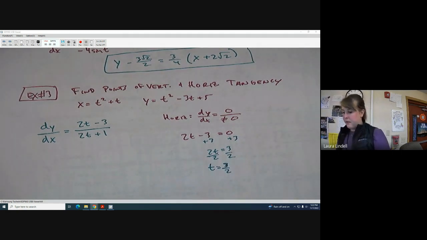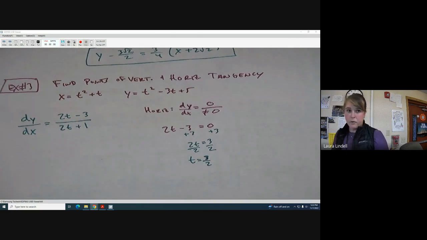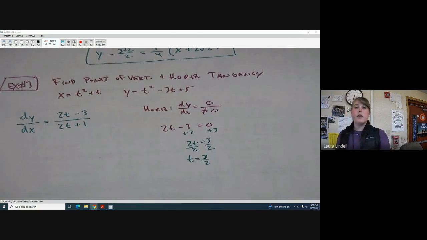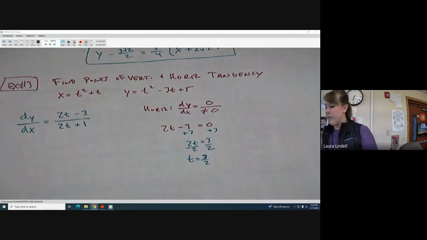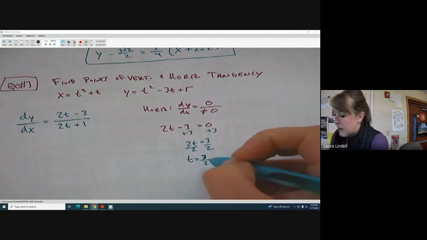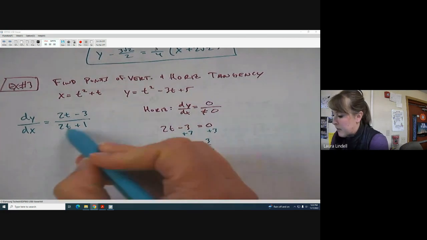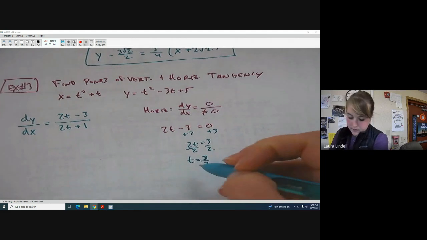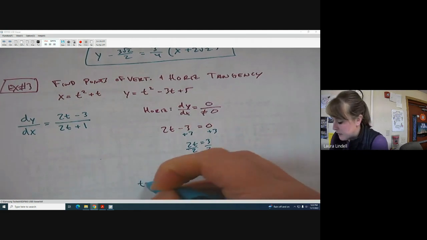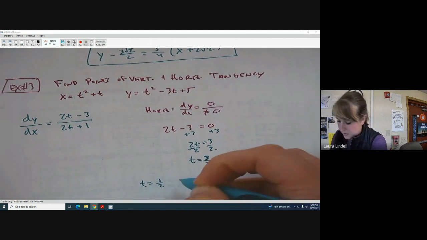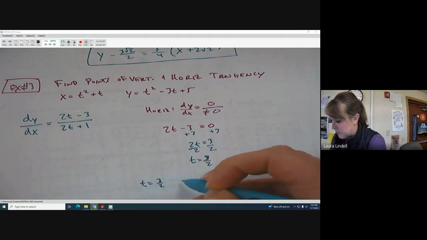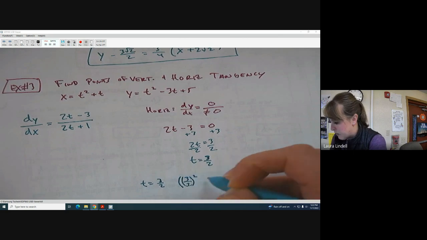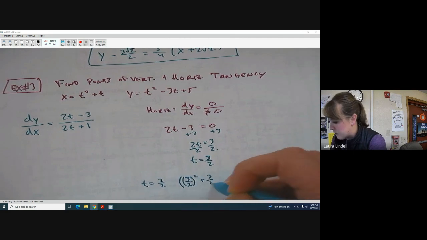Okay, so that would be a possible time of horizontal tangency, but we need a point of horizontal tangency. So we would have to actually go back and plug this in to x and y. Keep in mind that 3 over 2 is not going to make the denominator 0, so we're good to go on this being a time for horizontal tangency. So if I go t equals 3 over 2, my x value is going to be 3 over 2 squared plus 3 over 2.